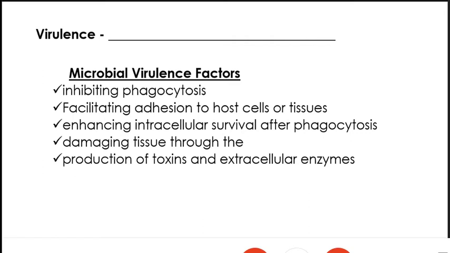Virulence would be more a characteristic of your pathogen or your agent of disease. So when we talk of virulence, this is more a characteristic of your pathogen. So what is that characteristic that we call virulence?